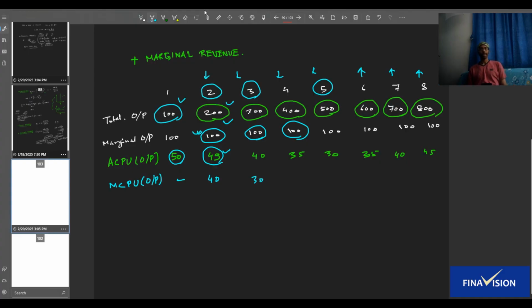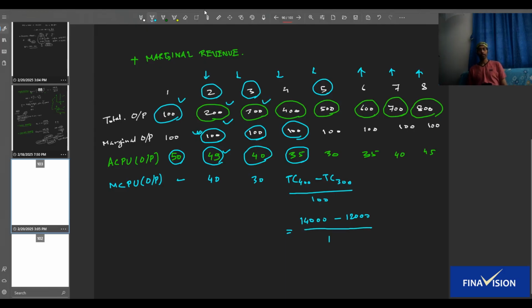For option 4, the calculation is similar. Total cost at 400 minus total cost at 300 divided by 100. This is equal to total cost at 400, which means 35 into 400, which is equal to 14,000, minus total cost at 300, which is 12,000, which means 40 into 300.